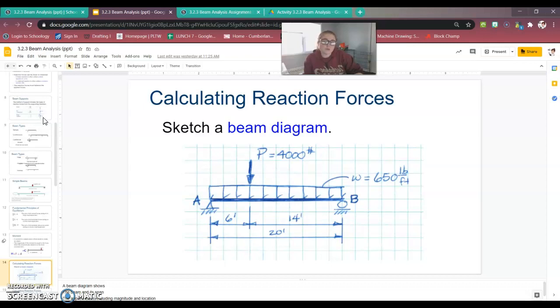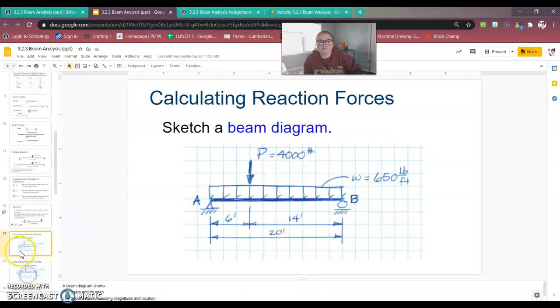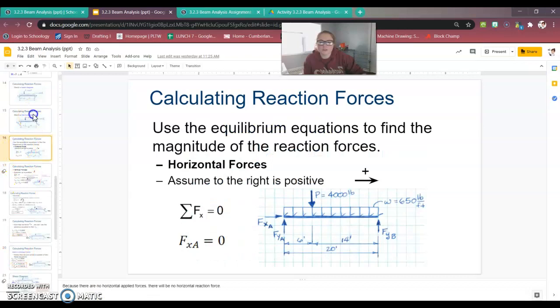Calculating reaction forces. So here is a beam diagram. And it's just going to go through those. So reaction forces. Okay, perfect.